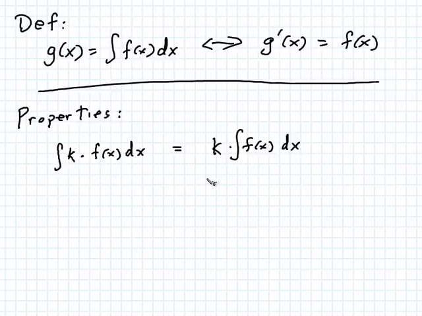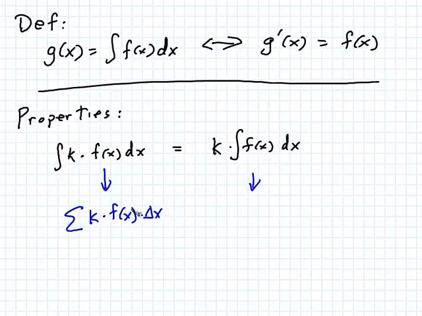Now, the text lists two properties of integrals that are convenient to use, and it actually goes through a proof of one of them and leaves another proof for the problems. What I'm about to show you is not a formal proof, really, but it's a way of making sense of this notation. Let's compare these integrals with Riemann sum notation. In other words, let's take the summation of k times f of x times delta x.